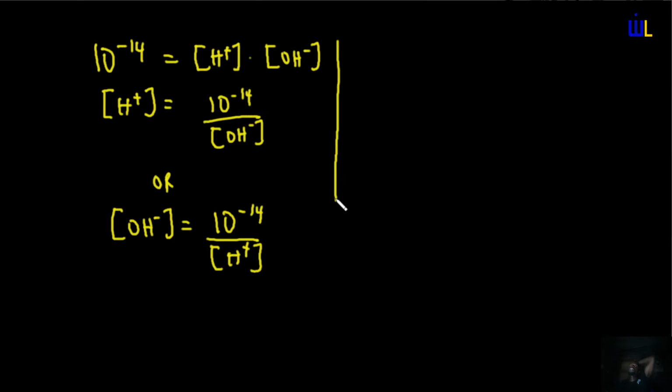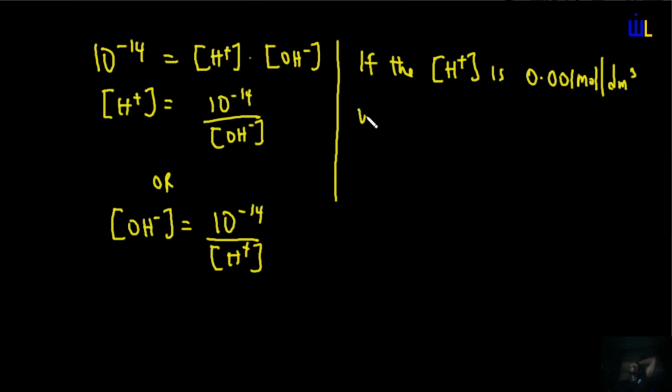Imagine, for instance, I say, if the concentration of hydrogen ion is 0.001 mole per dm cube, what is the concentration of hydroxyl ion? Let's find that out. So everybody solve and give me your answer quickly. If the concentration of hydrogen ion is that, what is the concentration of hydroxyl ion?